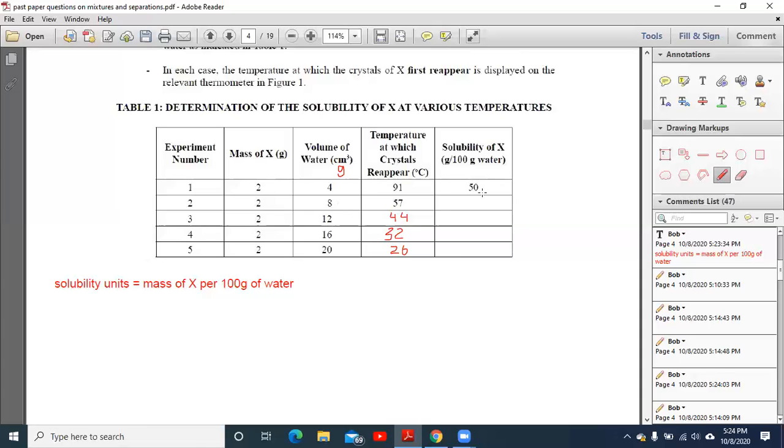So in order to find the answer in each case, we have to find a way to change this amount to find out not the mass of X in 4 grams, but we need to find the mass of X in 100 grams of water. So we have to convert this mass in some way. And we use a technique that we do in chemistry all the time, which is fairly simple. I like to use basic techniques for my students to understand.